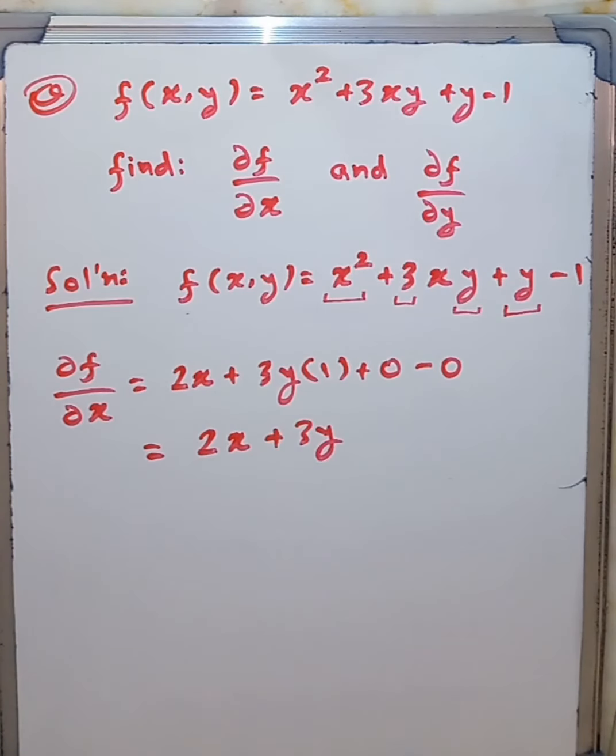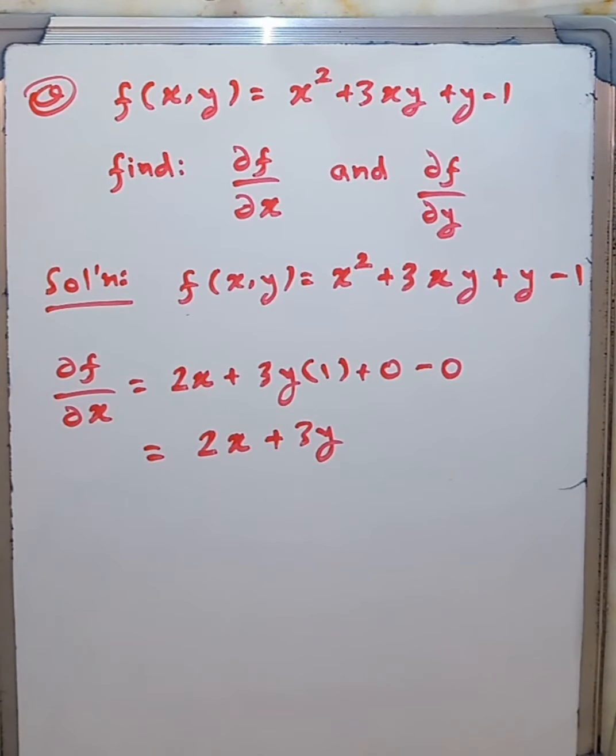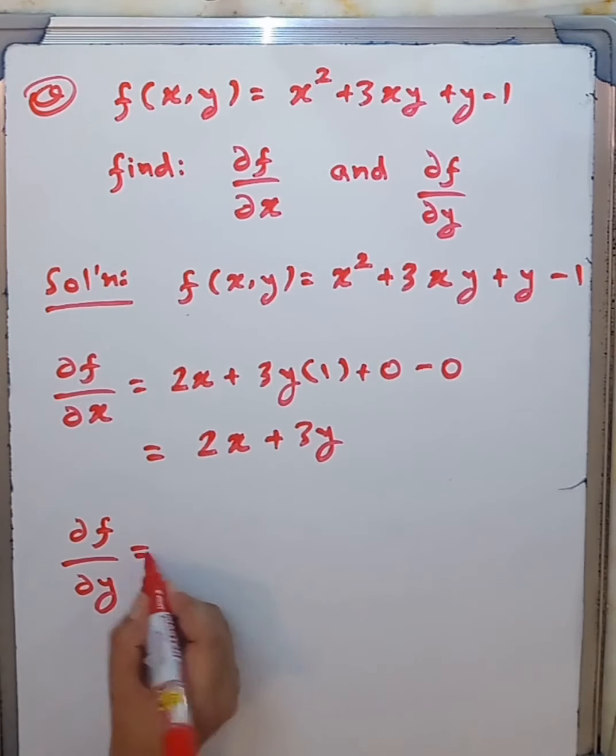Now let us differentiate the function f partially with respect to y. We know when we are differentiating partially with respect to y, x will be treated as a constant.